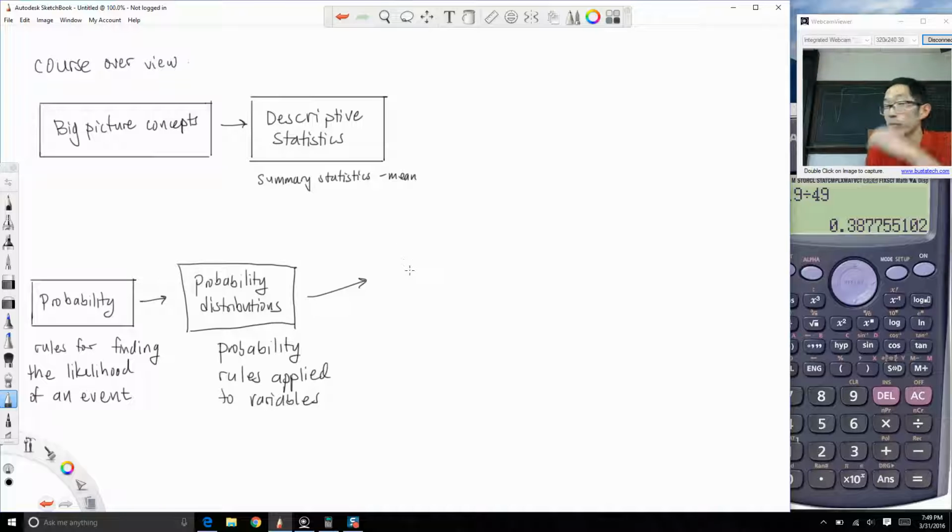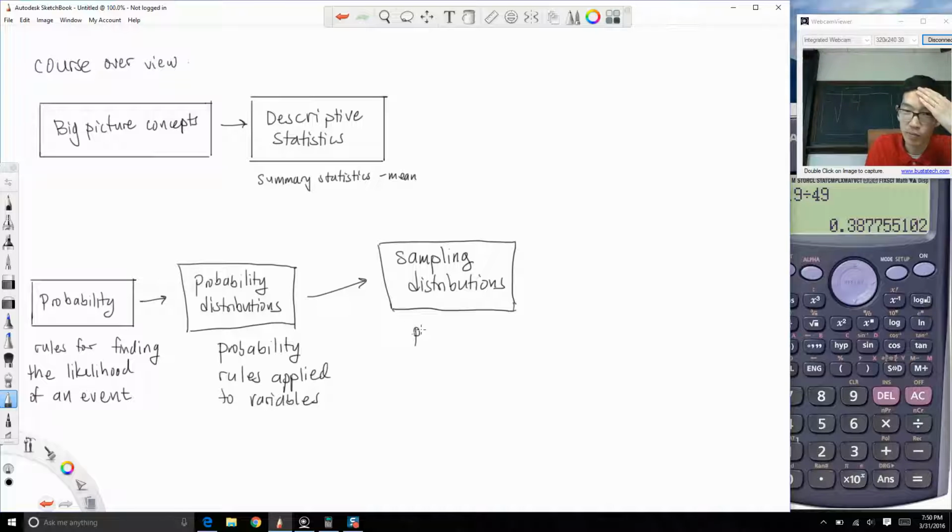After we learn probability distributions, we'll learn about sampling distributions. Sampling distributions basically are probability distributions of summary statistics.